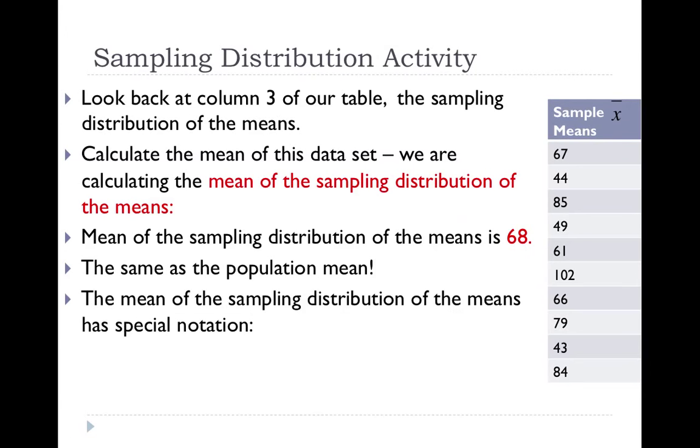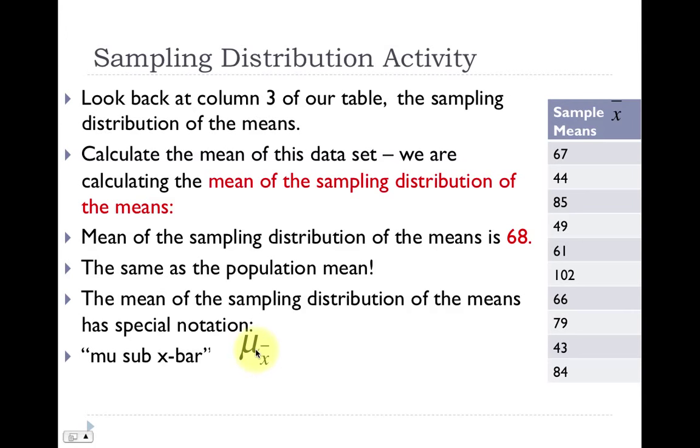The mean of the sampling distribution of the means has special notation. What we just calculated, basically summing up and dividing by the total all of the possible sample means, is denoted by mu sub x bar. Mu with a subscript x bar.